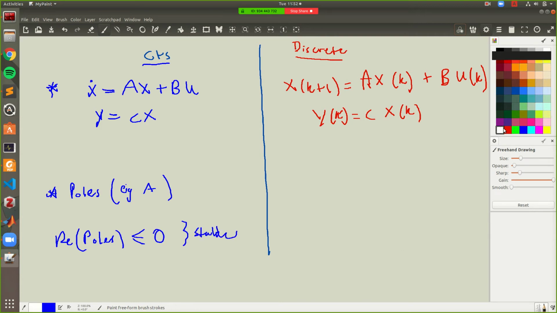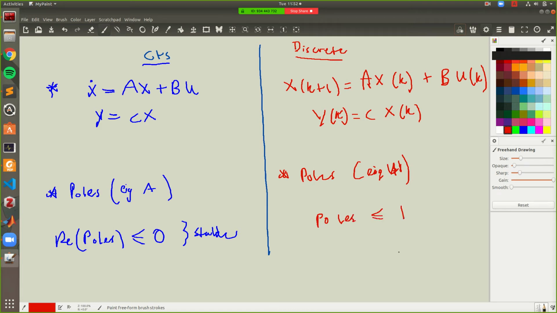In the case of discrete time systems, we take the eigenvalues or the poles, and the poles have to be inside what we call the unit circle.